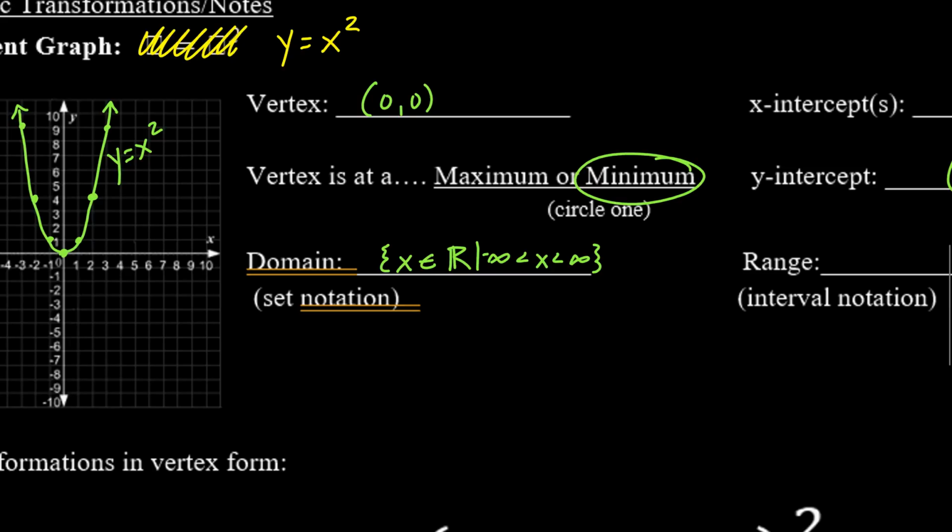On the test, for that reasonable domain problem with the garden, I saw a lot of this. I saw at least 4 people put this. What is wrong with this? Right. Negative infinity is the lowest possible value you could ever have.